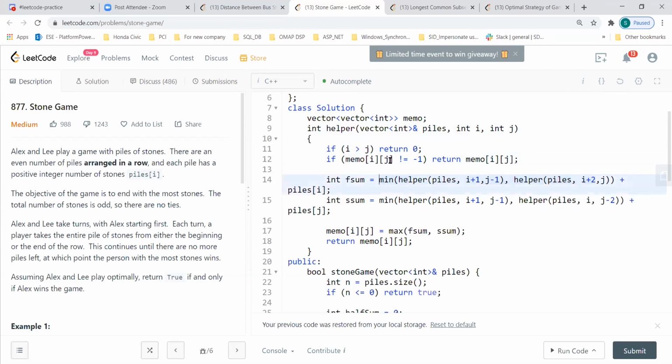Alex is starting from i, the left side, and here Alex is starting from the right side. So I take these two sums, the first sum and second sum, and then I take the maximum of both of them and return that.